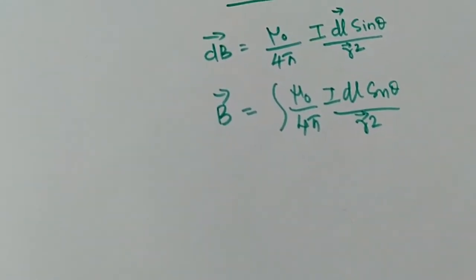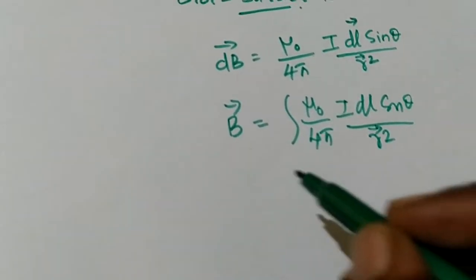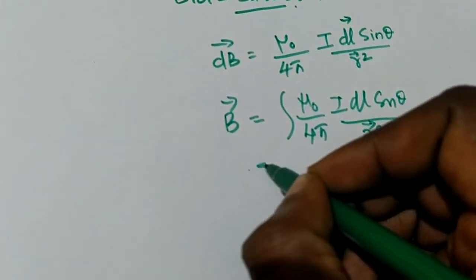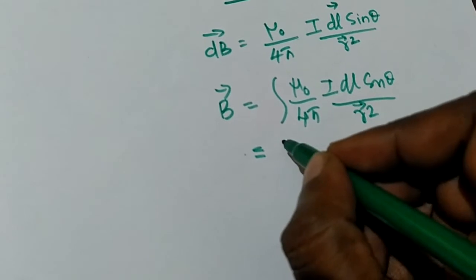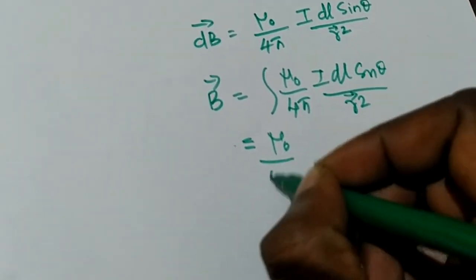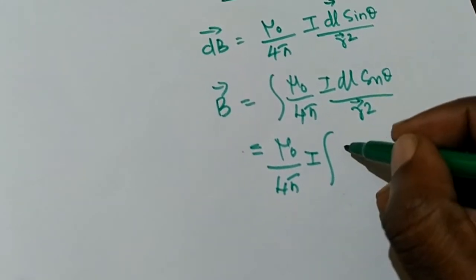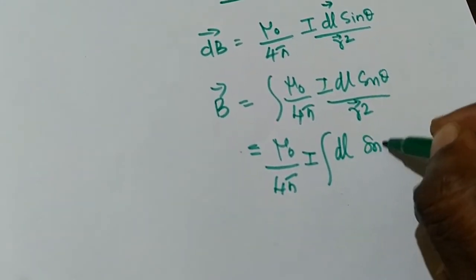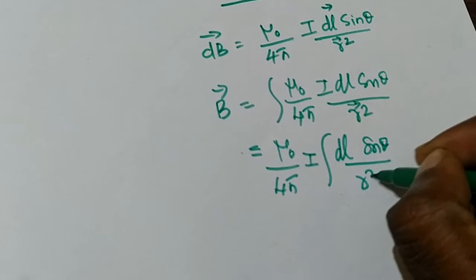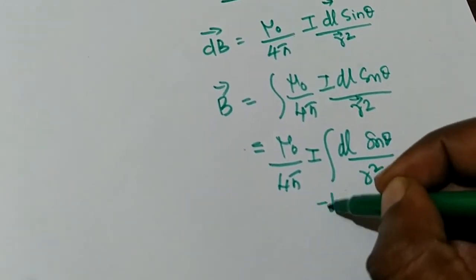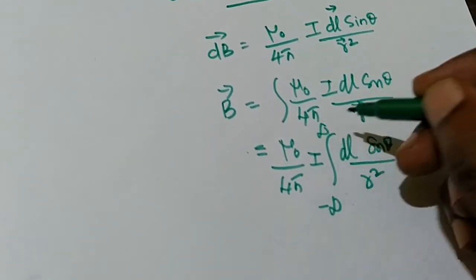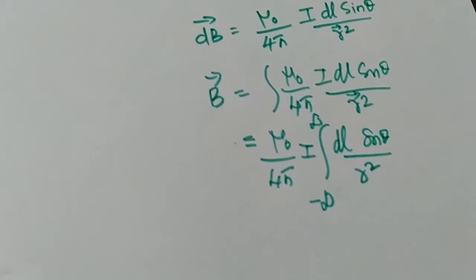So if I take the constants outside, then mu 0 by 4 pi, I is a constant, integral dl sine theta by r square. So we integrate from minus infinity to infinity, the whole length of this wire.